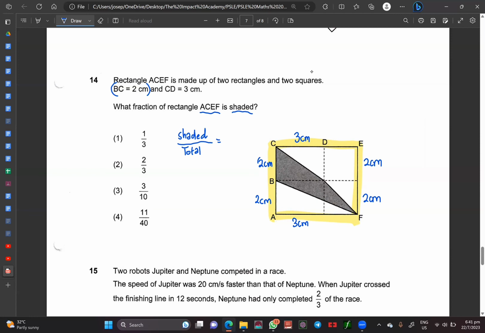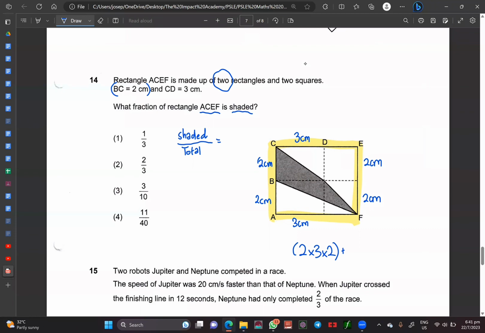So here's what I will do. I will find the area of the whole figure. I will first find the area of this whole thing, so that is 2 times 3 times 2. Why times 2? Because I have two rectangles. Can you see two rectangles?